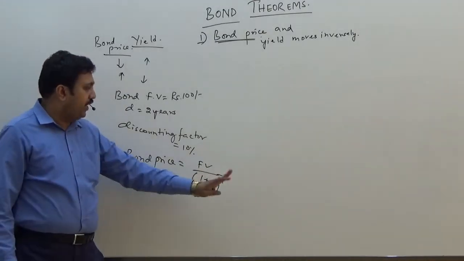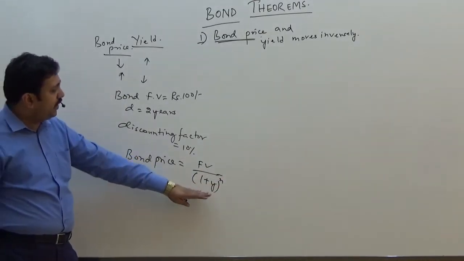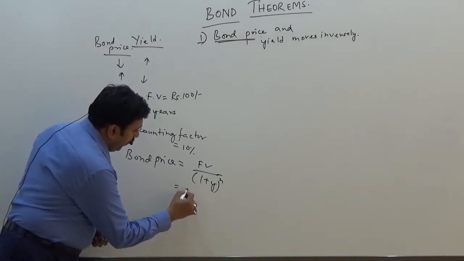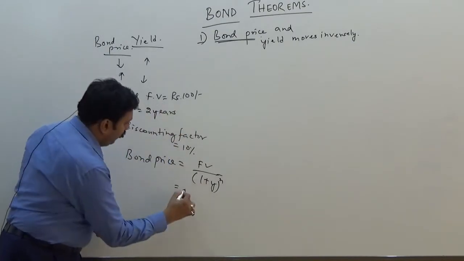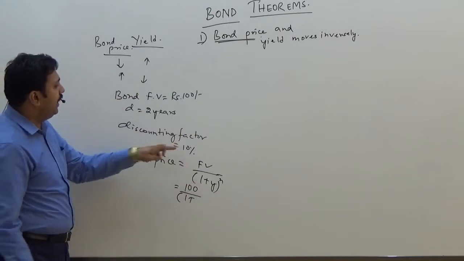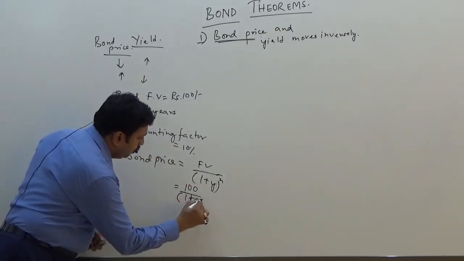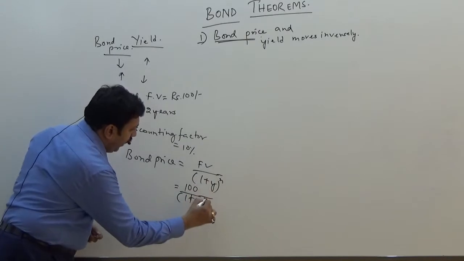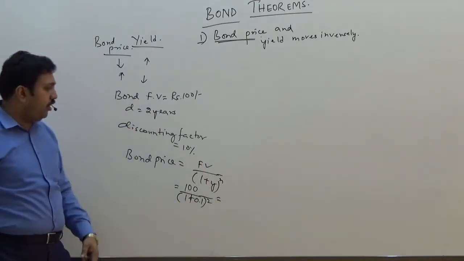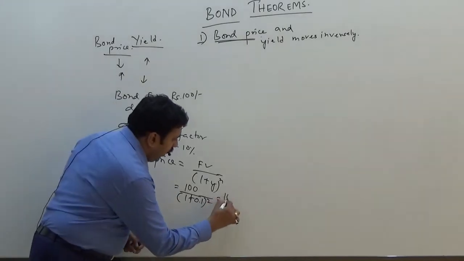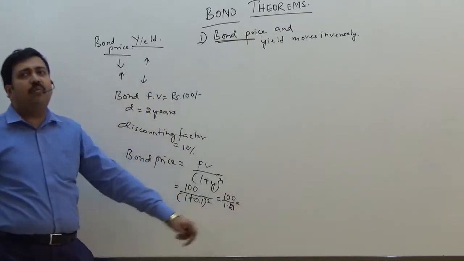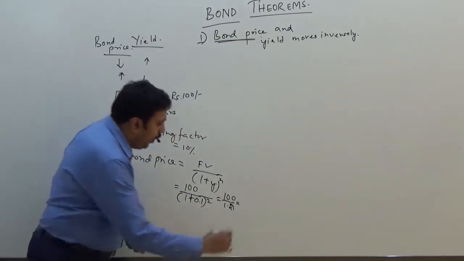We know the face value is rupees 100 divided by 1 plus yield, that is 0.1, to the power of n, that is 2. So how do we solve this? 100 divided by 1.21 becomes somewhere around 82.64.